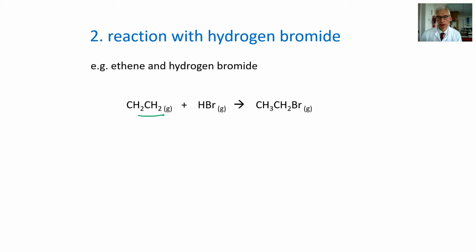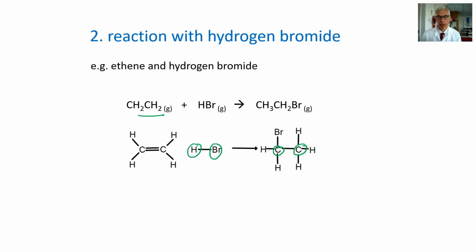So revealing the product molecule, you'll see that the carbons of the double bond have each acquired an additional atom. So each carbon has picked up one of the atoms of the other reactant molecule.